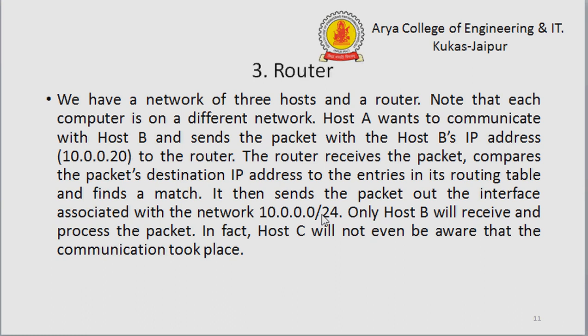It then sends the packets out the interface associated with the network 10.0.0.0/24. Only host B will receive and process the packets. In fact, host C will not even be aware that the communication took place.